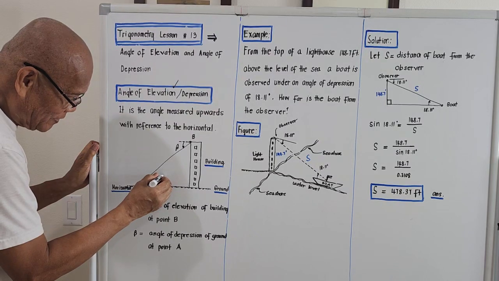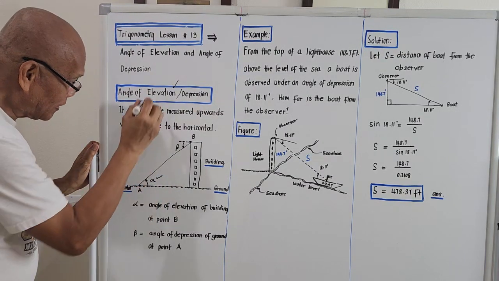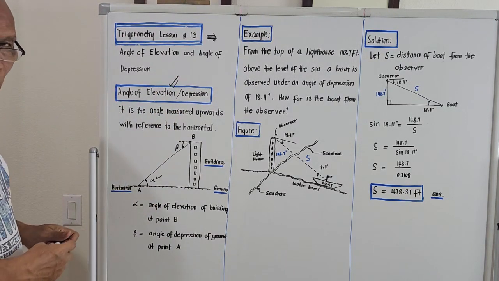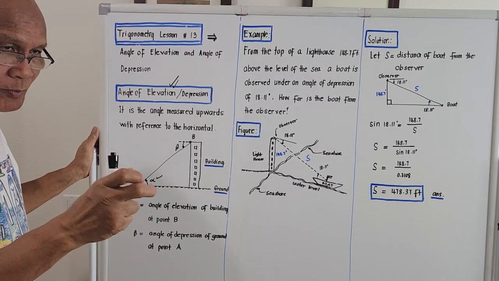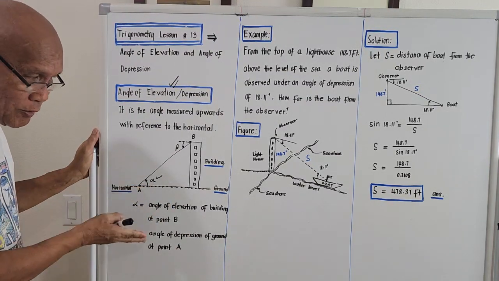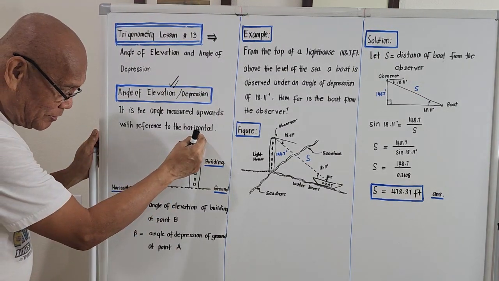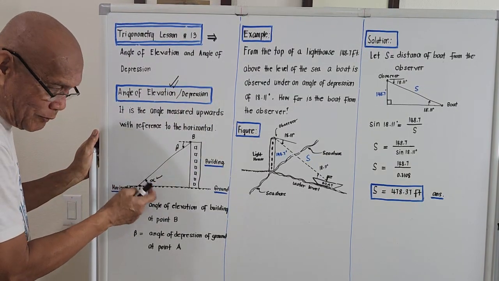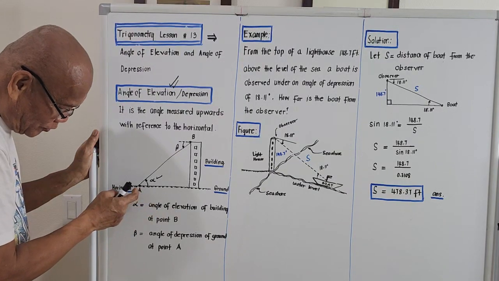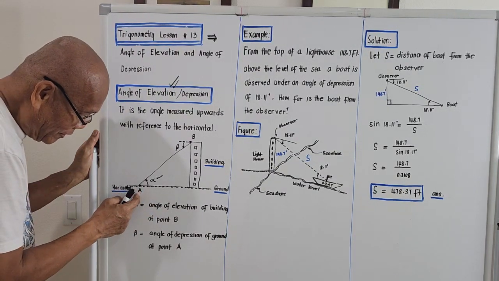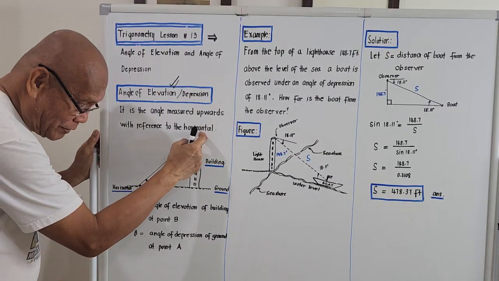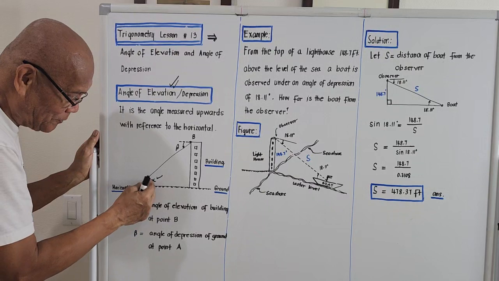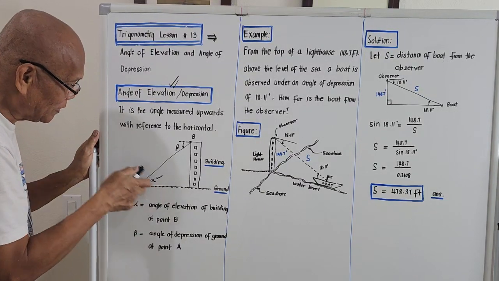We call this alpha angle of elevation. So for angle of elevation, the observer should be below the point that is being observed. For it to be angle of elevation, this observer point should be lower than the point being observed. So the angle that we will be getting on the transit will be alpha, and we call alpha the angle of elevation.